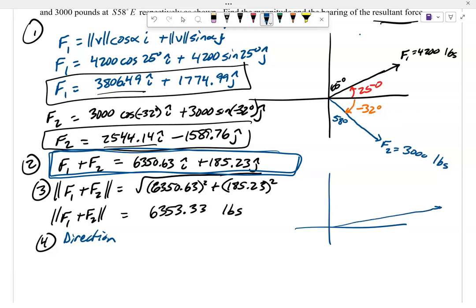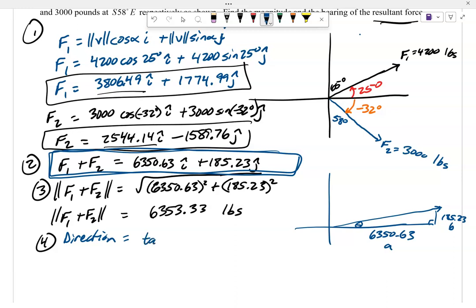So the resultant vector's not very steep in direction. The way you find that is you say, I went to the right 6350.63, that's my A, and then I went up 185.23, that's my vertical component B.